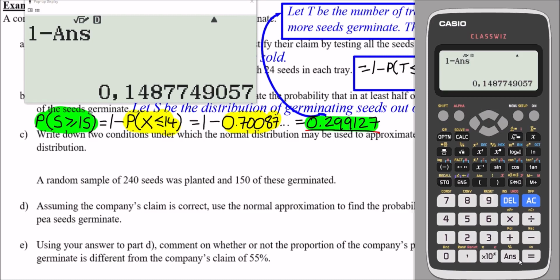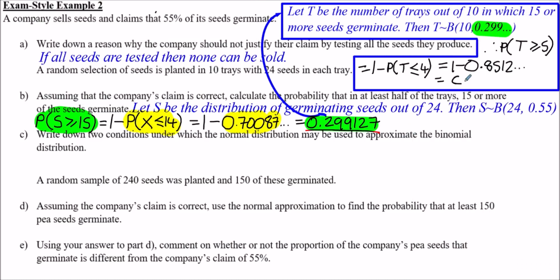So at this stage now, we can round this to either 4 or 5 decimal places. I wouldn't go to 3, at least 4 I'd say. 0.14877 I'm going to call it. And that's the answer for B.